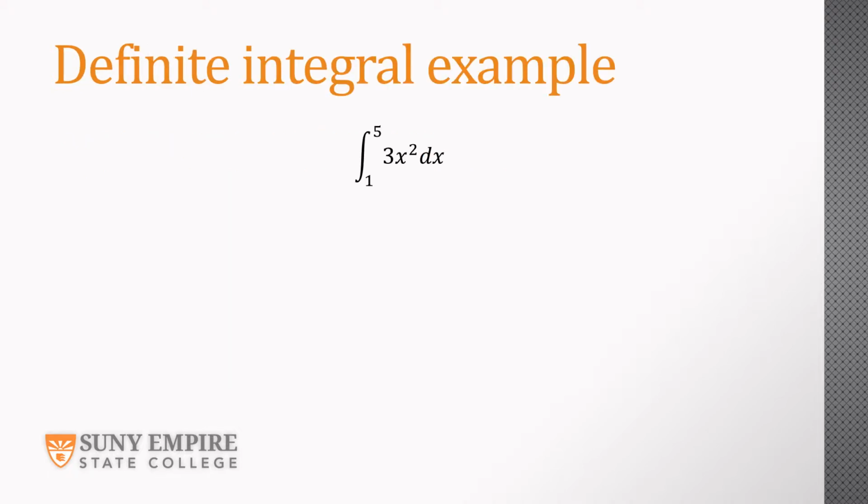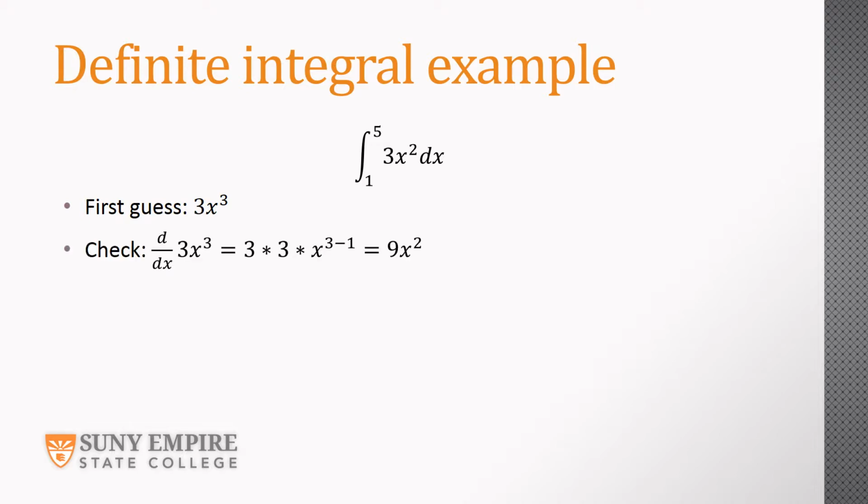Suppose we want to find the integral from 1 to 5 of the function 3x squared with respect to x. We seem to recall that a derivative lowers a power by 1. So as an initial guess, we think that the antiderivative of 3x squared might be 3x to the third power.